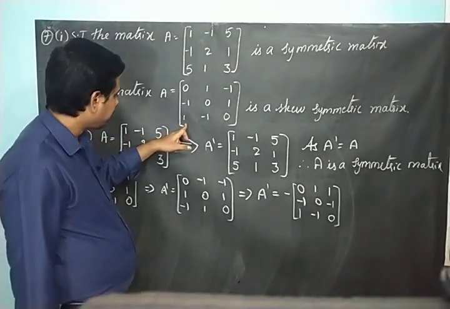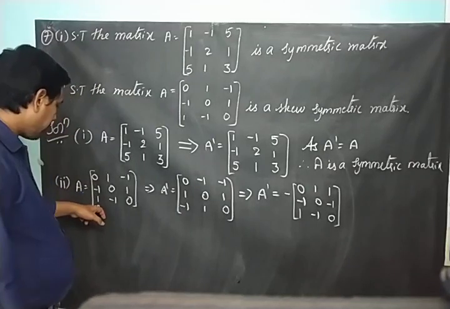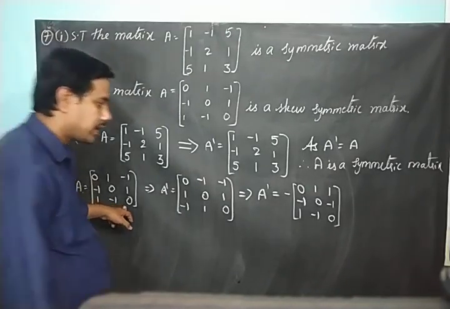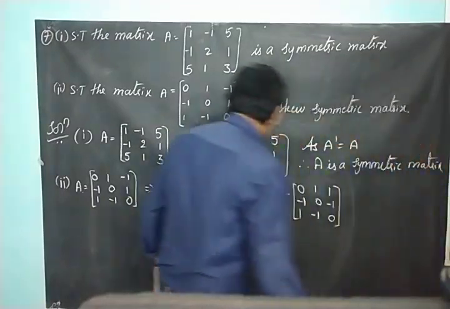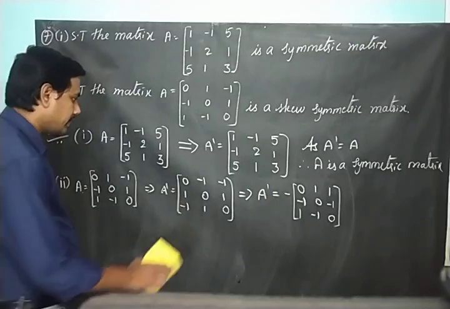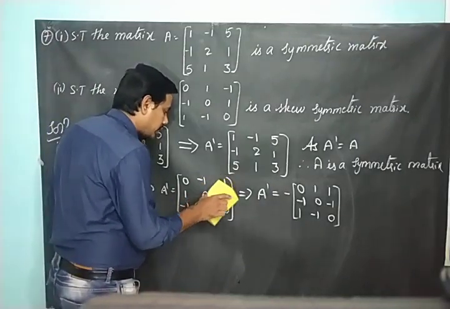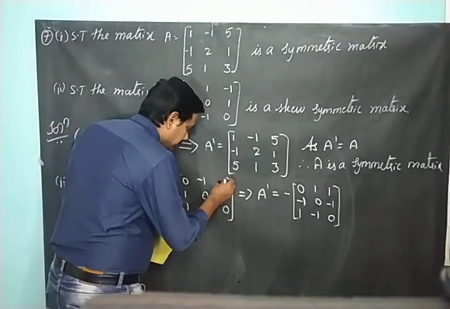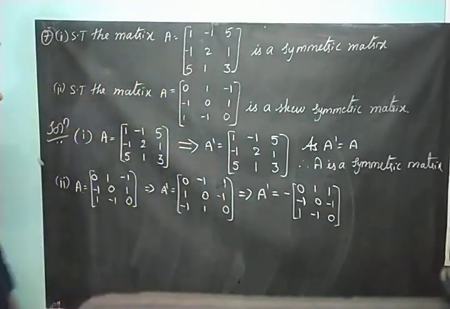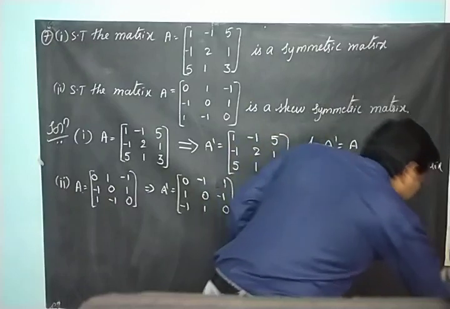So in the third row we have 1, minus 1, 0, and that will come in the first column. There is a small change here. So this will be plus 1, minus 1, 0.